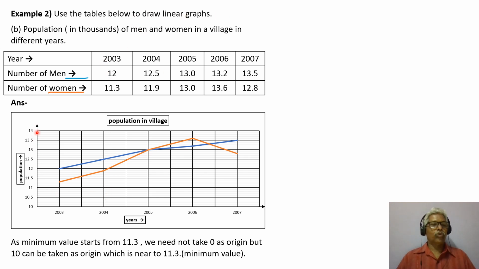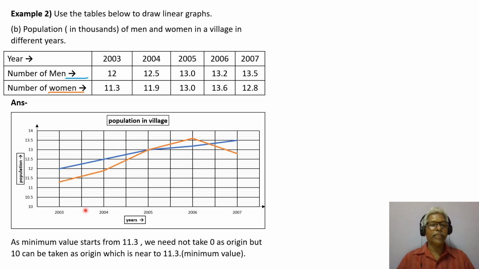So select population on the y-axis and years on the x-axis, like this. Then we will draw this color for men. See, in 2003 it is 12.